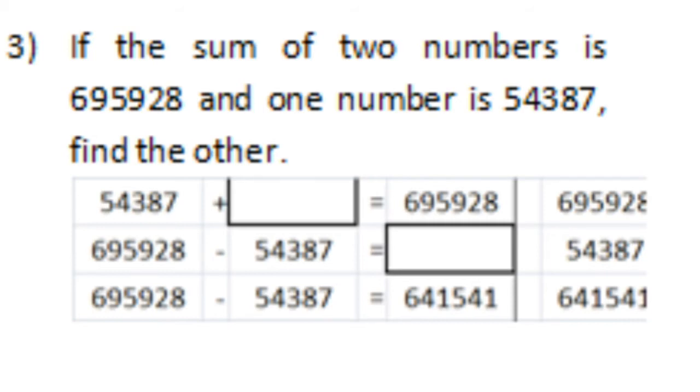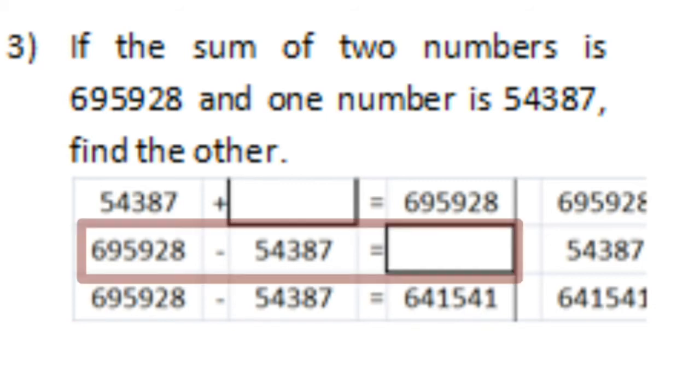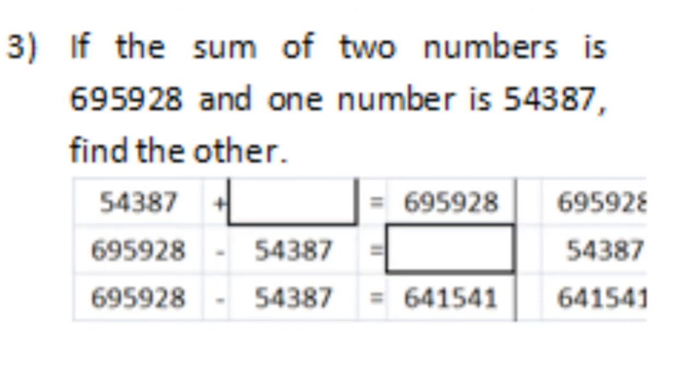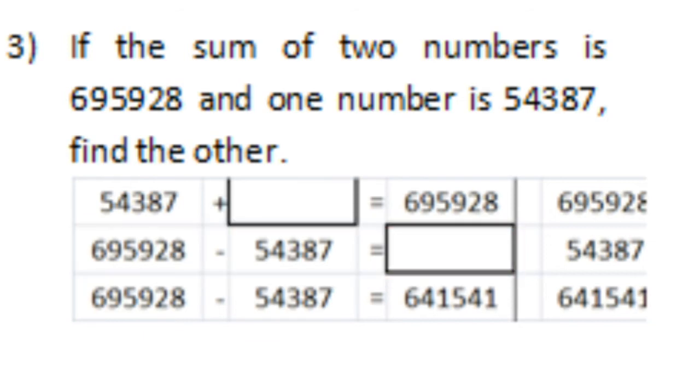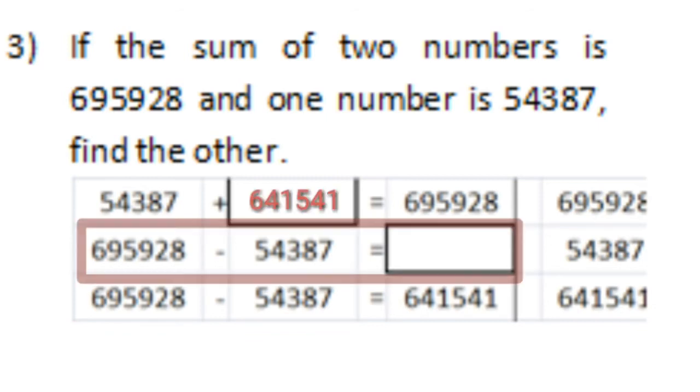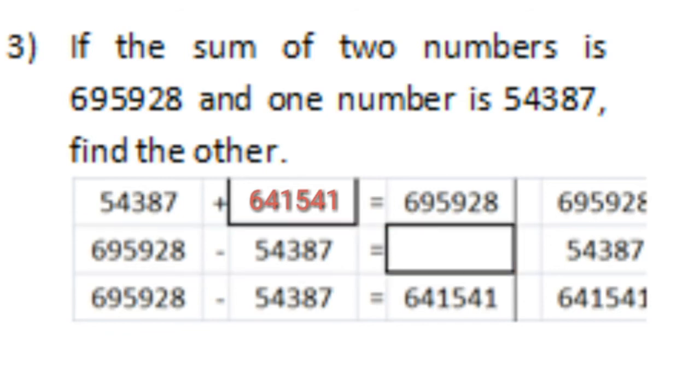The sum is given, one number is given, so the next number is the sum minus the given addend, that is 54,387. So we will get the missing number 6,41,541.